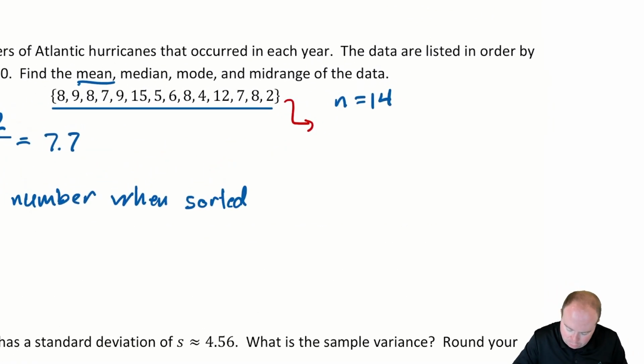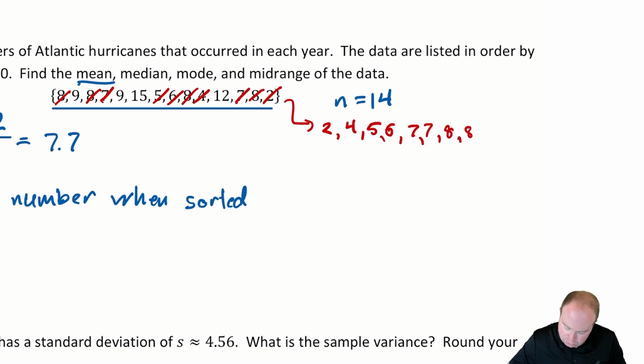Oh well. So 2 is the smallest, so I'm going to cross that out. Then we have 4. It's right there. Any 5s? We have a 5. We have a 6. We have 2 7s. We have 1, 2, 3, 4 8s.